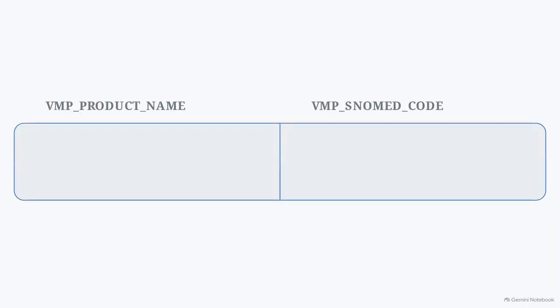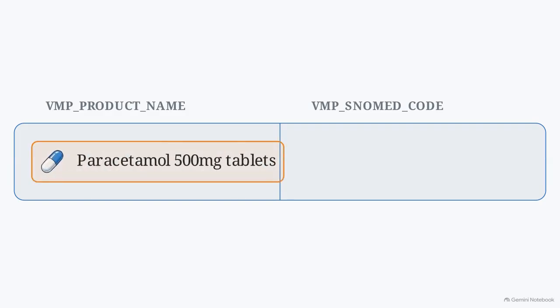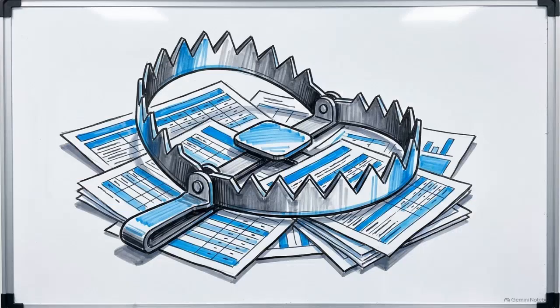This diagram displays a sample row from the raw dataset, isolating the translation to the clinical ontology. The system translates a common item, like paracetamol 500 mg tablets, directly into its unique 15-digit SNOMED code, 421-096-11000001-109. This creates a severe datatyping trap.